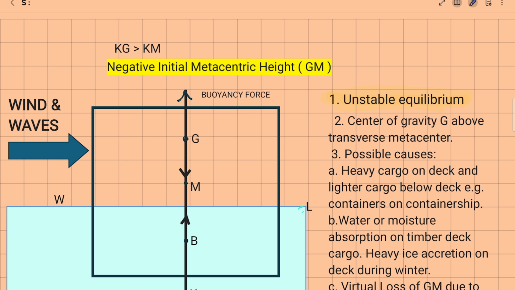And if we haven't worked this out during this stage, it may be possible that GM may become negative and the vessel will heel at berth. So not only the end of the cargo operation, we need to also make a sequence.